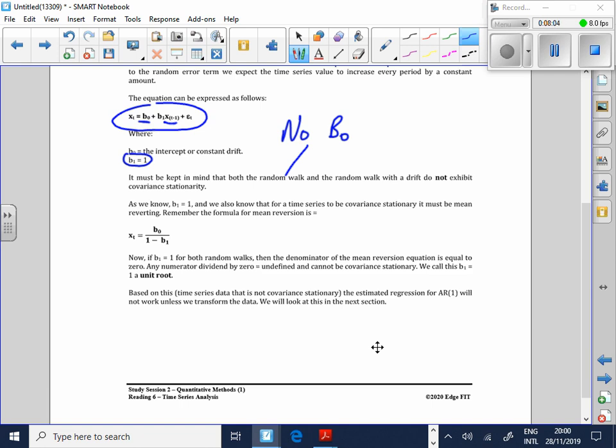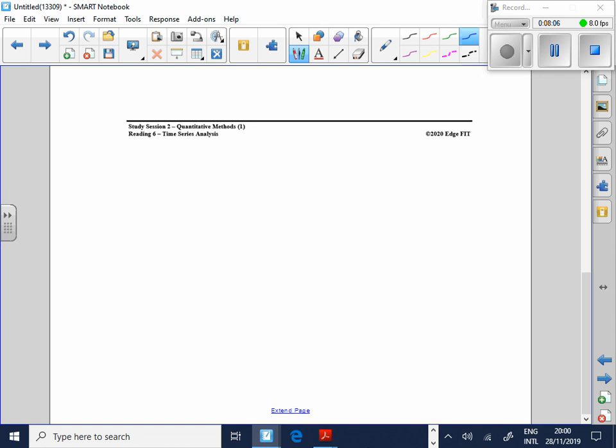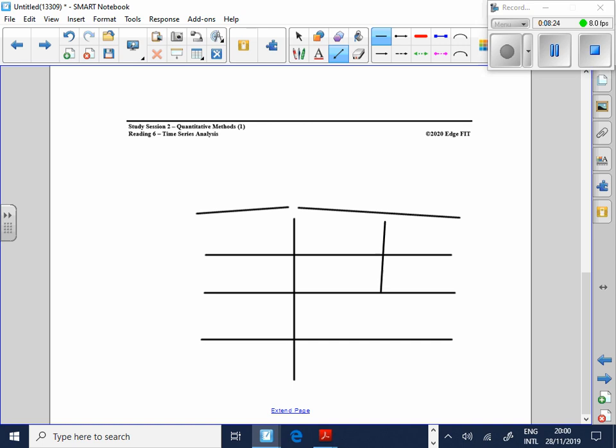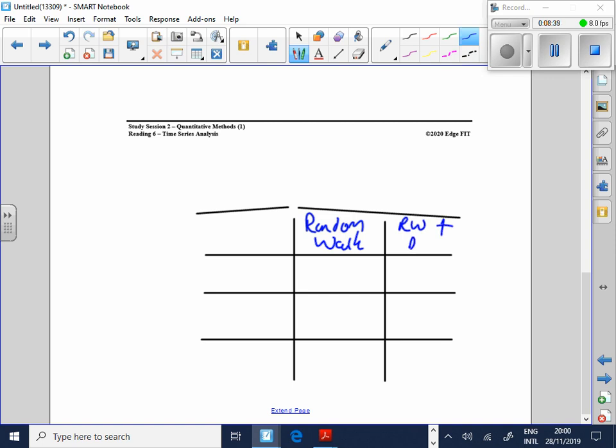Let's stop here for one second, guys, and make ourselves a bit of a picture. Here I'm going to put random walk, and here I'm going to put random walk plus a drift.